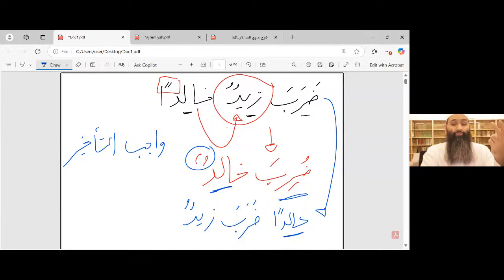One of the rules of fa'il is wajib ta'khir. One of the rulings is it cannot be omitted, like maf'ul bihi can be omitted. For example, I can take that off and say daraba Zaydun, Zayd hit. But you cannot delete the fa'il.